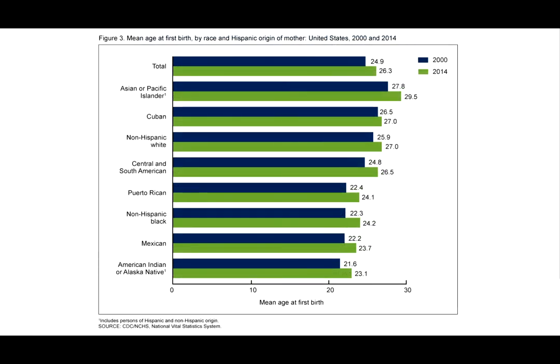If we look at ethnicity here on this graph, you get the overall picture at the top, and then you can see for Asian or Pacific Islander, Cuban, non-Hispanic white, Central and South America, Puerto Rican, non-Hispanic Black, Mexican, and American Indian or Alaskan Native, that for all of these categories, these groups, these communities of women, there has been an increase in the age at which they have, on average, their first birth.